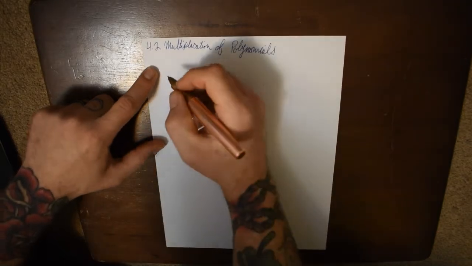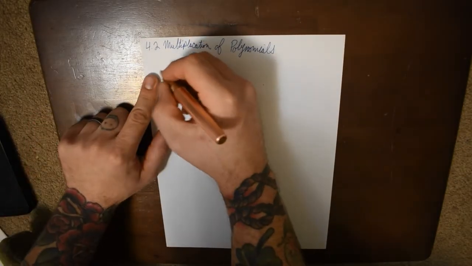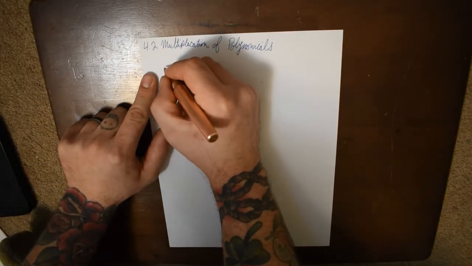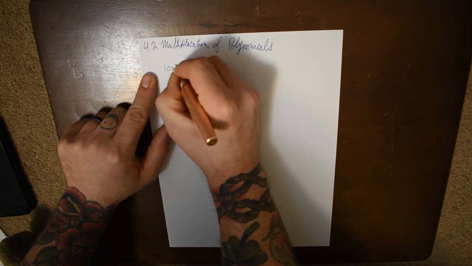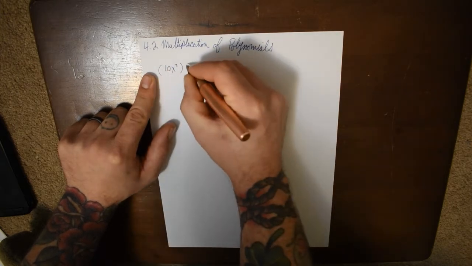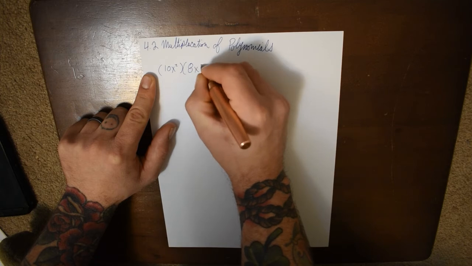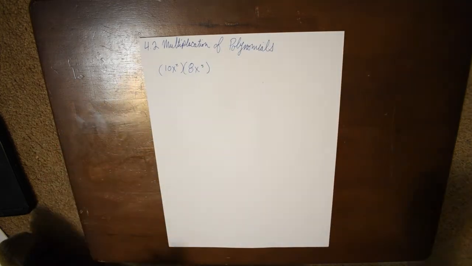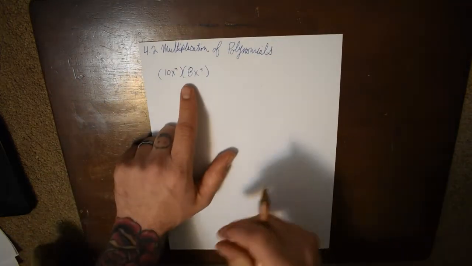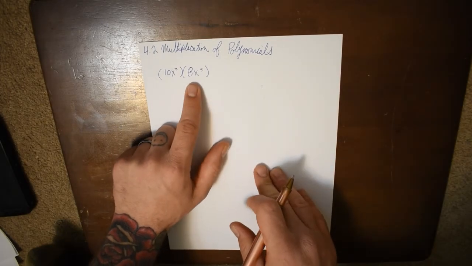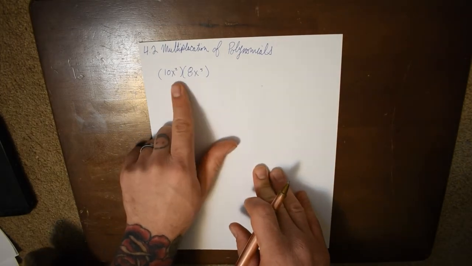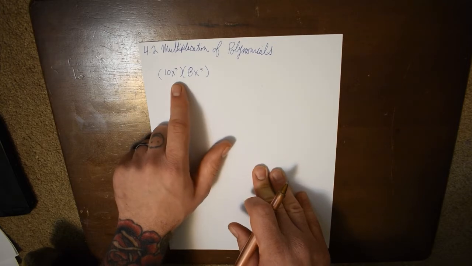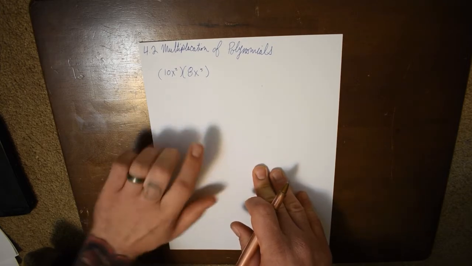So, for our first example, let's say we wanted to multiply 10x squared and 8x to the fifth. Well, straight out of the gate, we're just multiplying monomials together. We have no addition or subtraction to speak of. This problem is just multiplication.